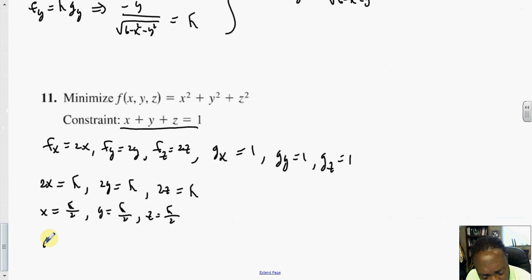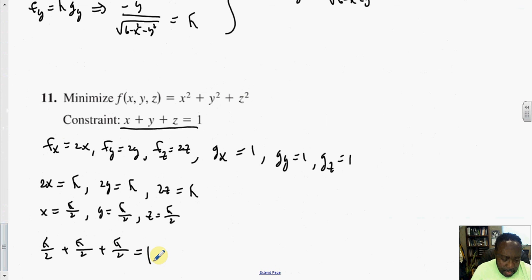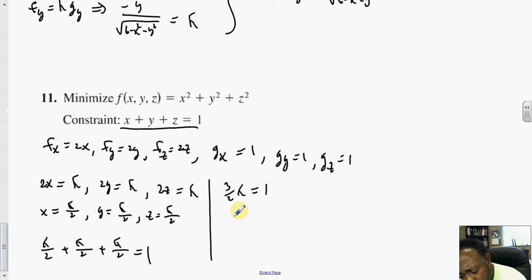So that gives us x, which is lambda over 2, plus y, which is lambda over 2, plus z, which is lambda over 2, is equal to 1. So that gives us 3/2 lambda is equal to 1. And so lambda is equal to 2/3.